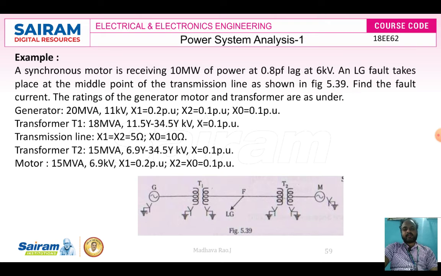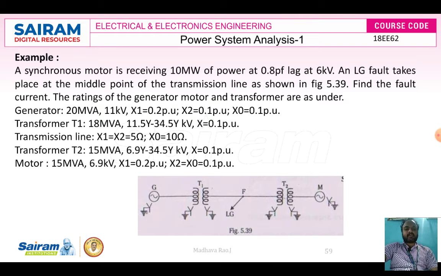Motor rating is 15 MVA, 6.9 kilovolt, x1 is equal to 0.2 per unit, x2 is equal to x0 is equal to 0.1 per unit. So what you have to find out is the fault current, given the ratings of the generator, motor and transformers.